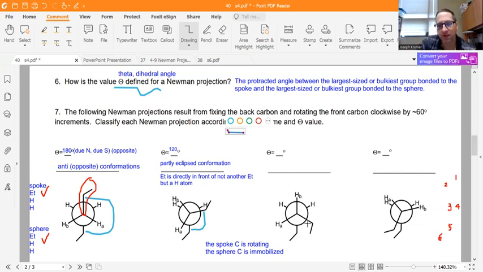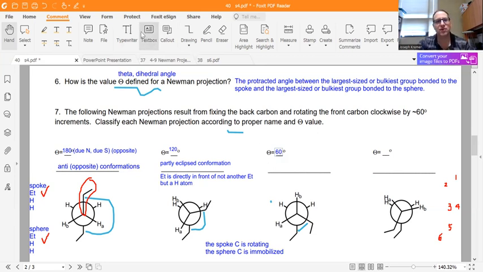And now let's protract that distance between the largest ethyl on the spoke and the ethyl on the sphere. It's just that angle. It's less than 90 degrees, right? So we're going to record 60 degrees.